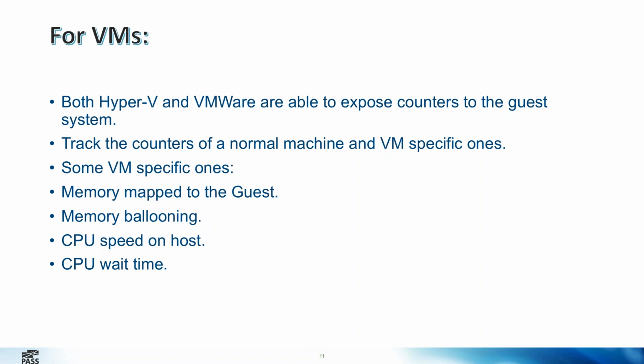And if you don't get them exposed, just while we're on the topic of virtual machines, if you don't get them exposed to the guest, just talk to your VM admin. If you have access to vCenter and you can actually see these things on your own, that's great. If you don't, then ask to get read access to it.